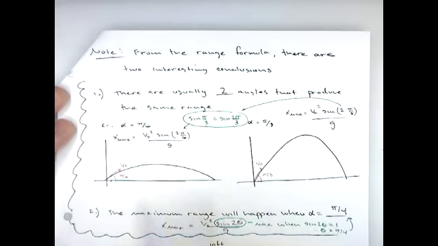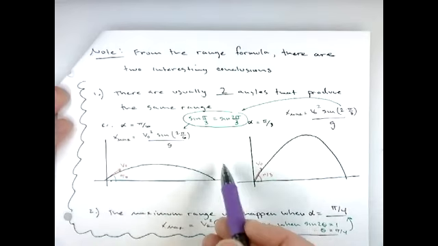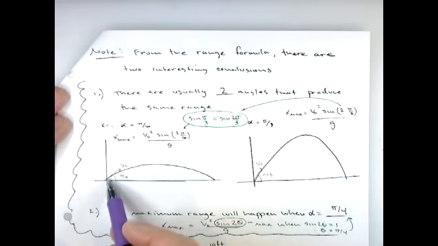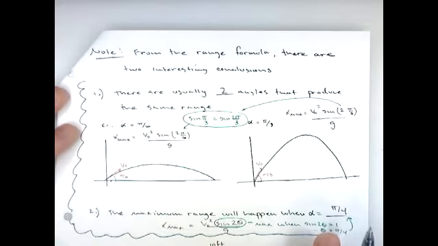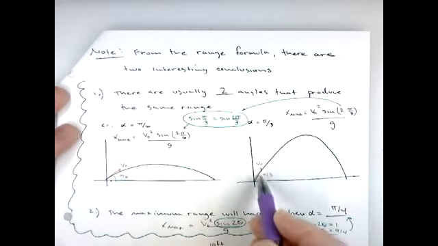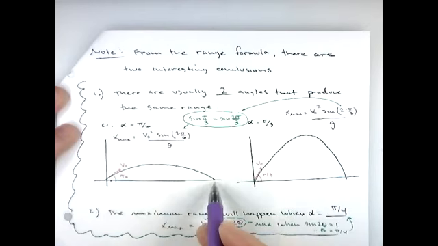Okay, and what's true about them? Obviously, they are complements, right? Pi over 6, pi over 3, 30 degrees, 60 degrees. So you would get the same range if you launched a projectile at 10 degrees or at 80 degrees. They would both travel the same distance. One, of course, would not go as high as the other, but they would both travel the same distance.